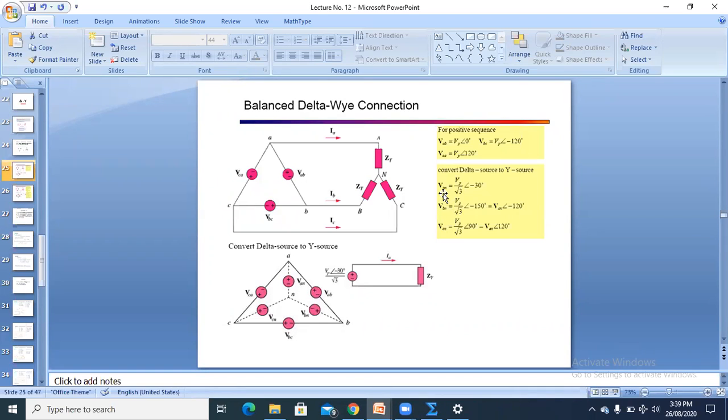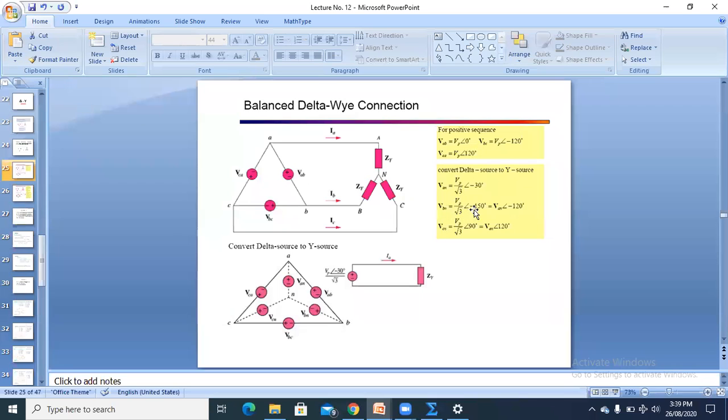And we know that the VAN in the Y system is VP over root 3 at the angle of minus 30 degrees, which is 30-degree leading the phase voltage. So what is the phase voltage here? The phase voltage is VAB, which is the reference phase voltage, and that is VP at the angle of 0 degrees.